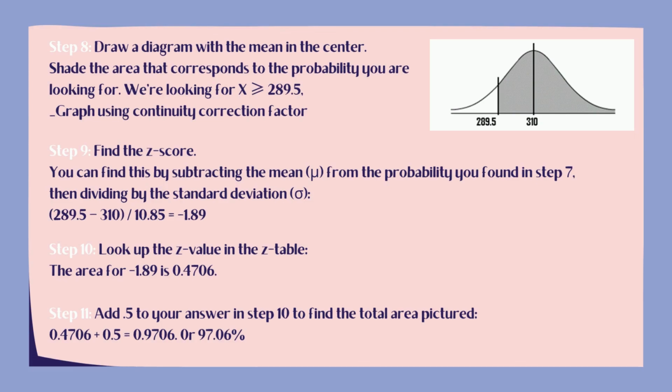Step 11. Add 0.5 to your answer in step 10 to find the total area. 0.4706 plus 0.5 equals 0.9706, or 97.06%.